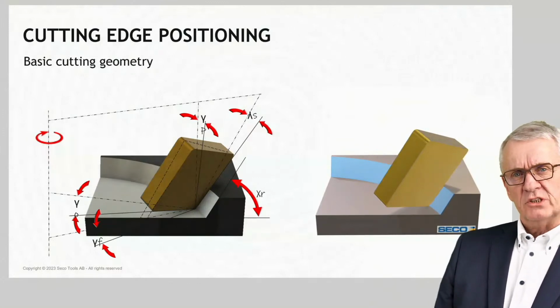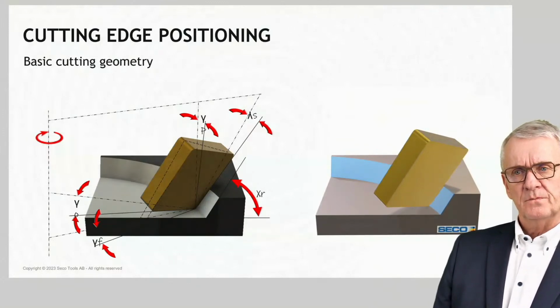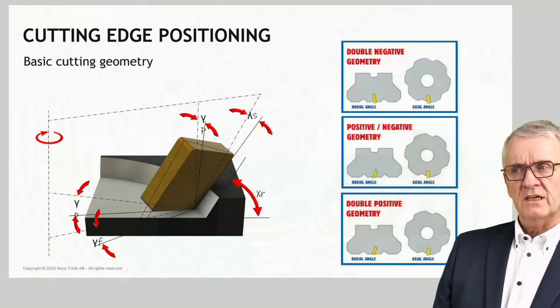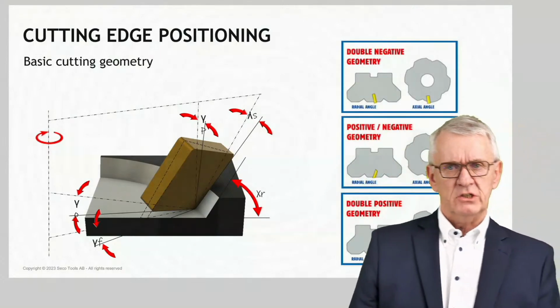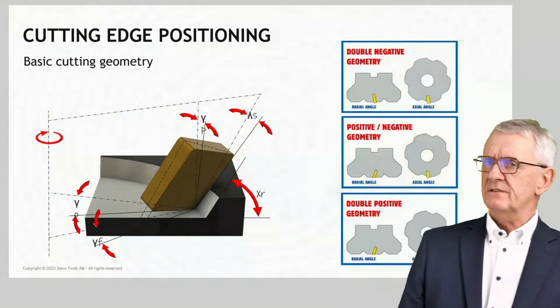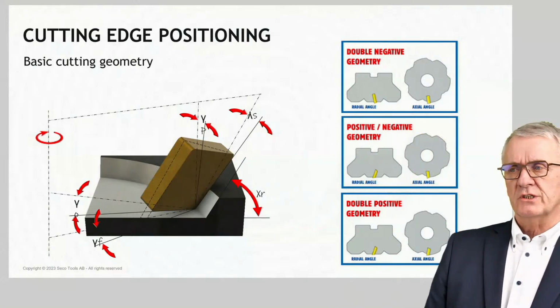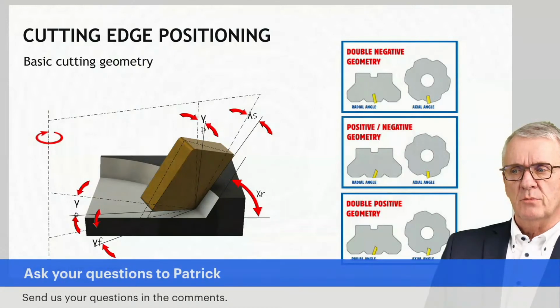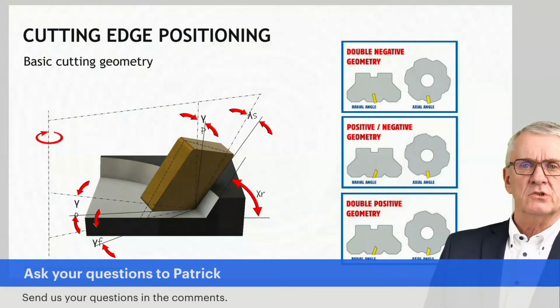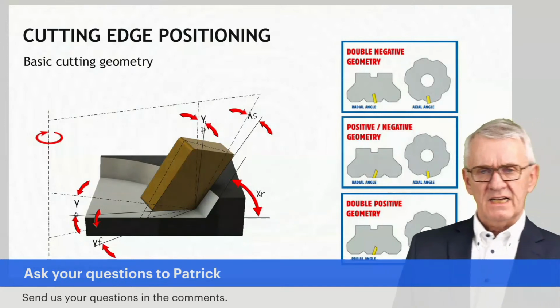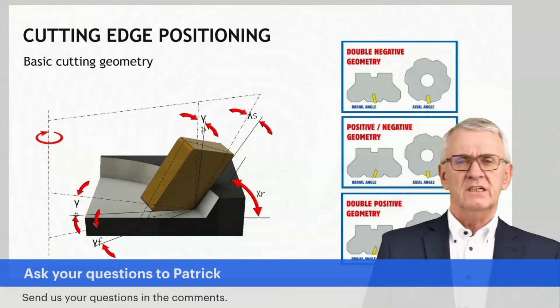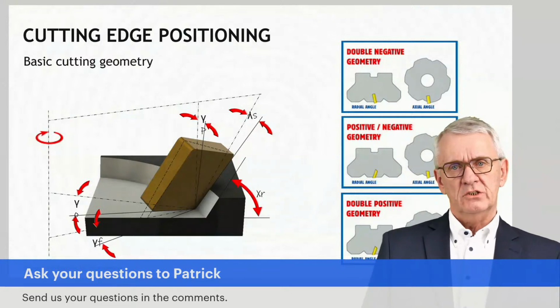And if we talk about cutting-edge geometries, basically we have three families. We have double negative milling cutters, we have positive negative milling cutters, and we have double positive milling cutters. It depends on how a cutting edge is positioned compared to the axis of a milling cutter, the central line, and compared to the radius line.